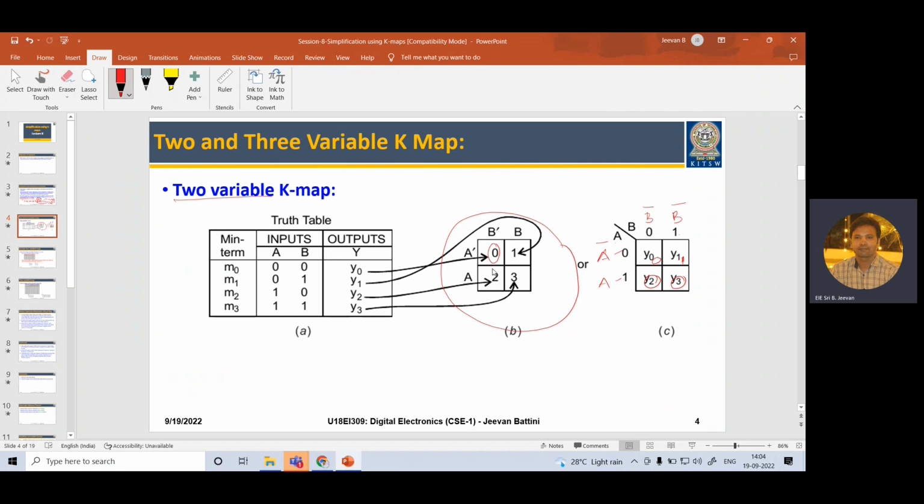If a K-map has two variables, how many cells does it have? 2 power 2, that is 4 cells. If a K-map has three variables, it has 2 power 3, that is 8 cells. This is an important point you have to remember.